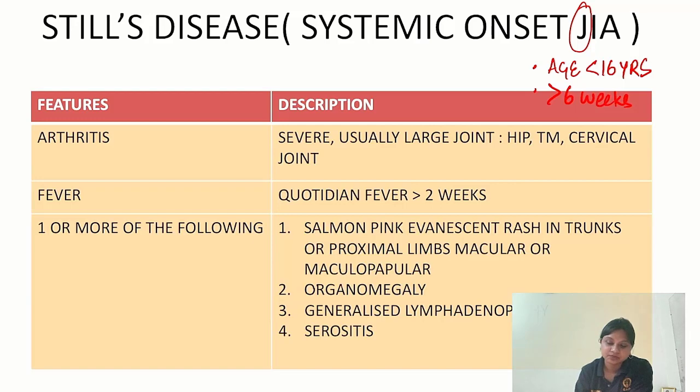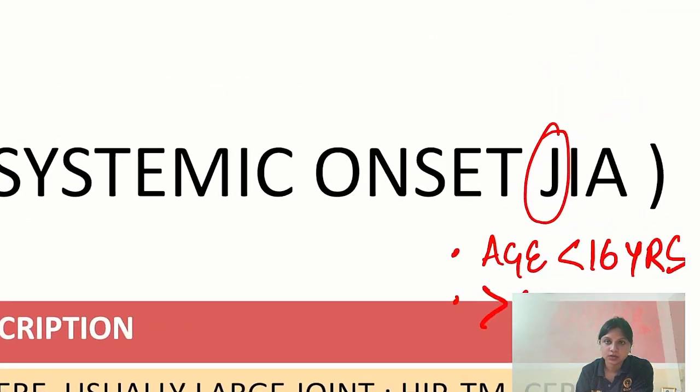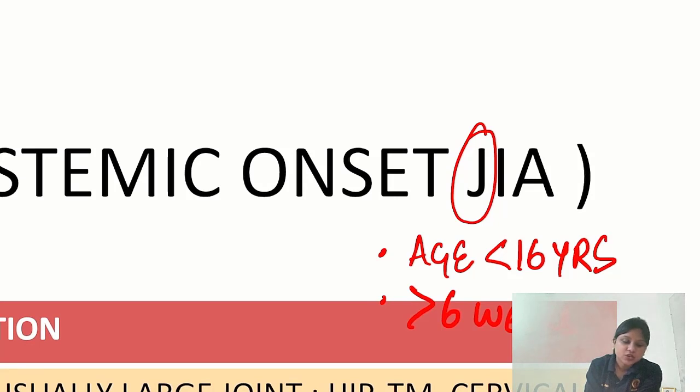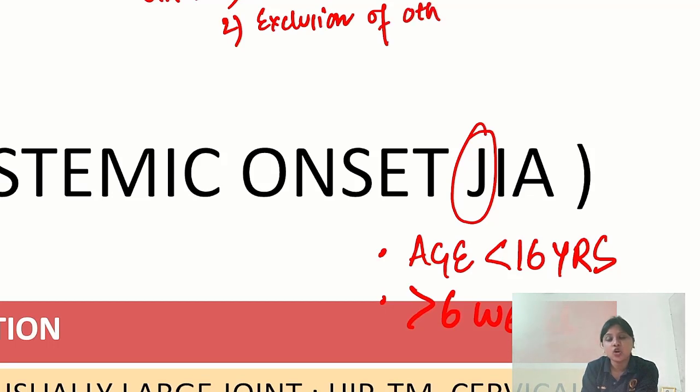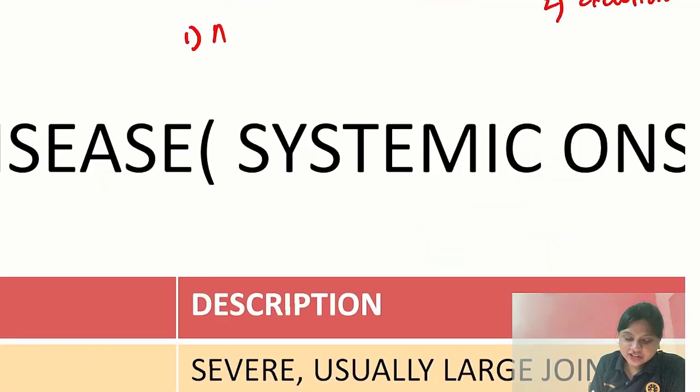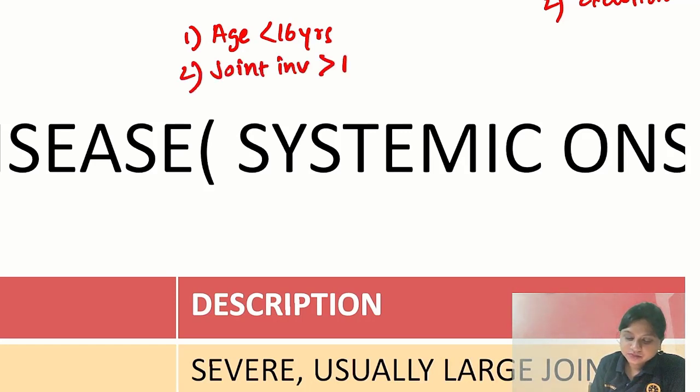Can you see it? I'll just write it over here. So JIA means arthritis of more than 6 weeks duration, exclusion of other diagnosis, that it is not IBD associated arthritis, age less than 16 years, joint involvement more than one, duration more than 6 weeks.